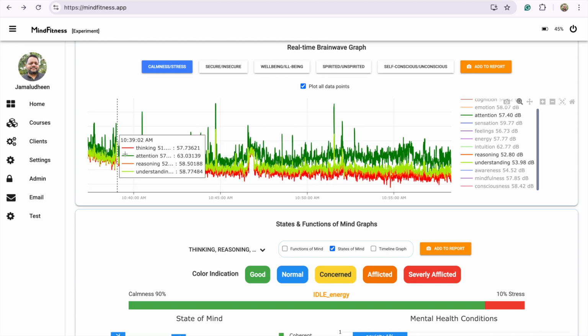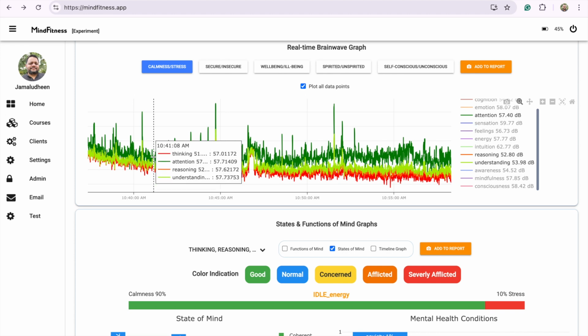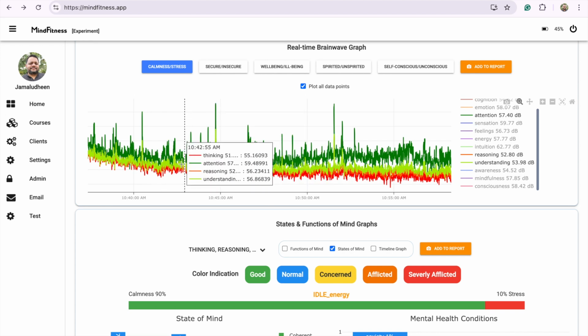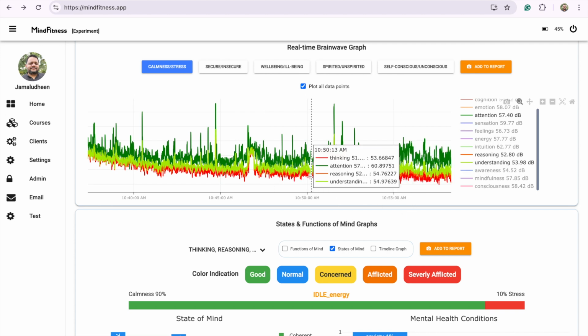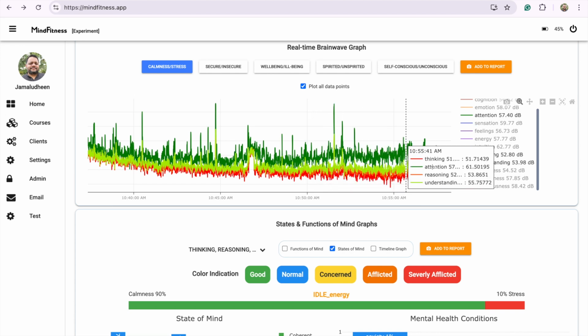During the start of the meditation, the gap between the attention and my other functions like understanding, reasoning and thinking is very small. But once the awakening happened, or the sudden burst of energy happened, and the frequency of the vibration became higher, a gap started forming between them.